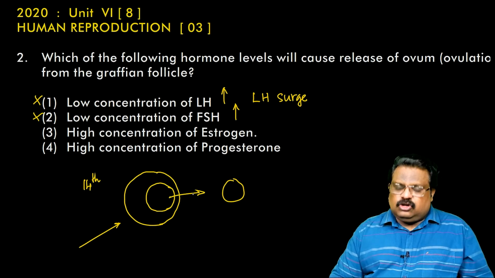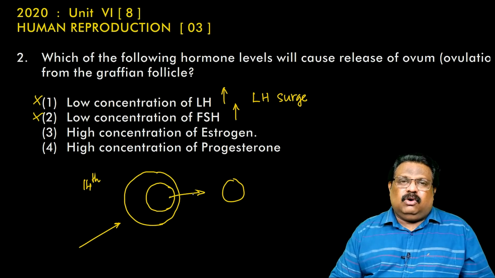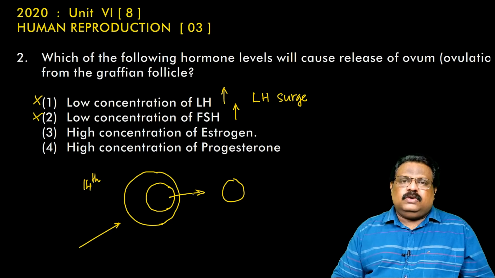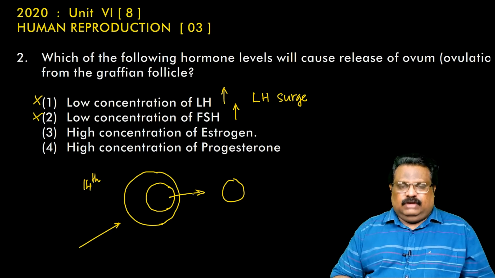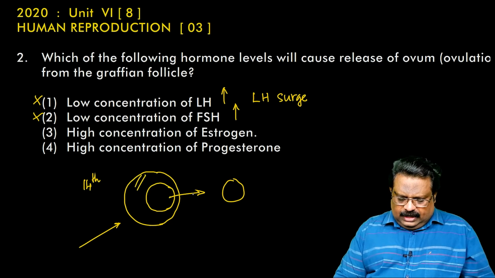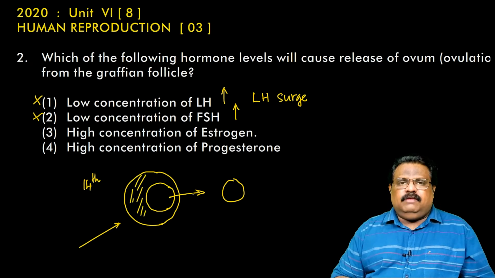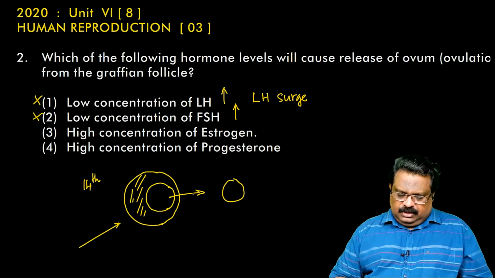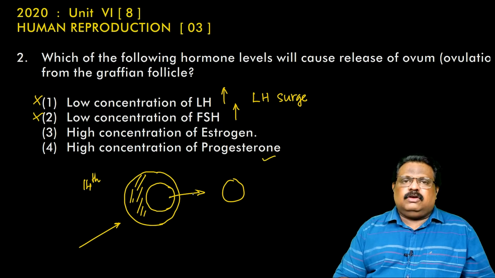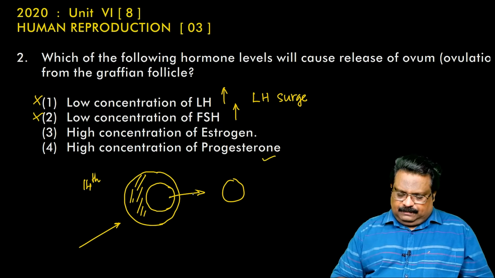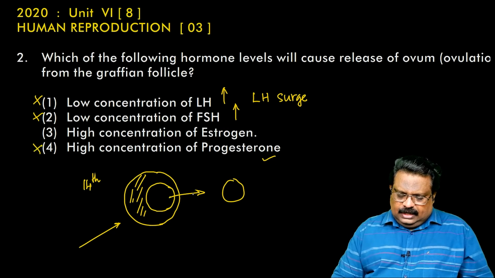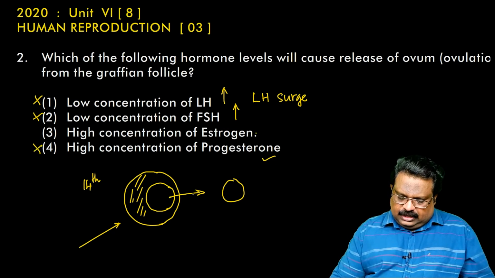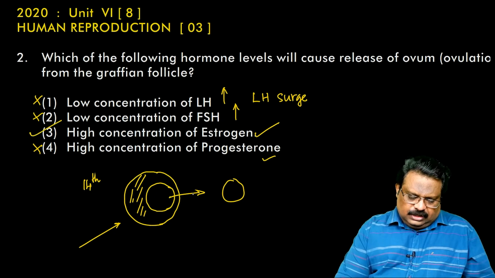Then regarding progesterone, it is secreted from the corpus luteum, no? The corpus luteum is produced from the vacant Graafian follicle only after ovulation. The vacant Graafian follicle present inside the ovary becomes converted into the endocrine structure called the corpus luteum. So progesterone will be there only after ovulation, that means only after the 14th day. So that is also wrong. But what is needed? A high concentration of estrogen is needed.